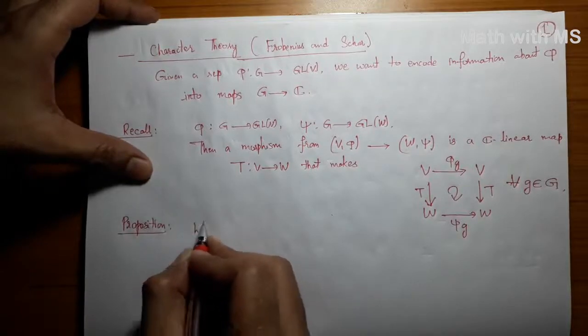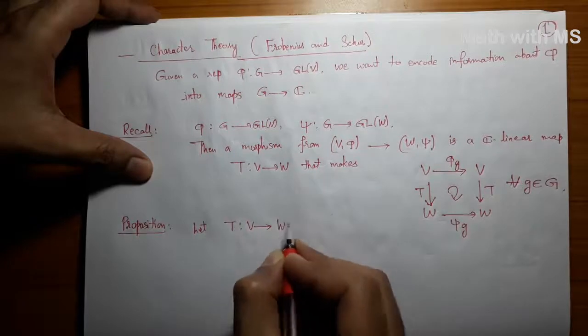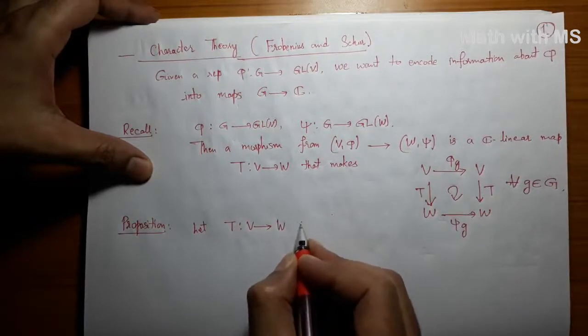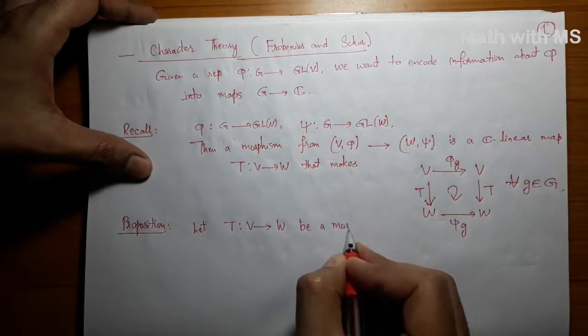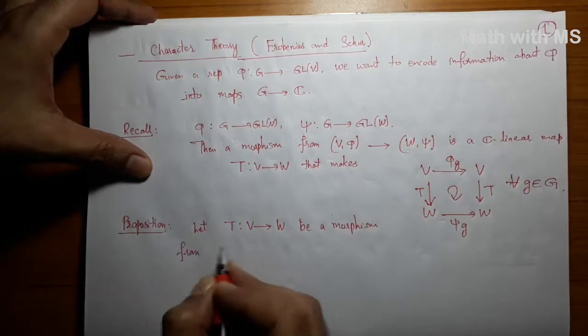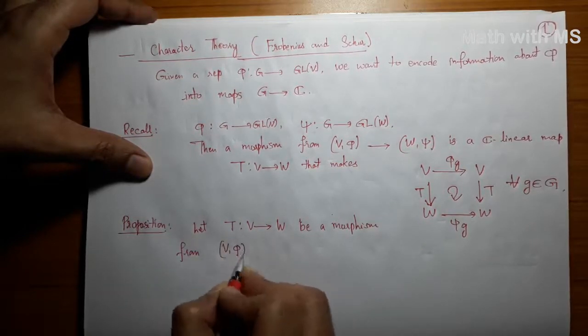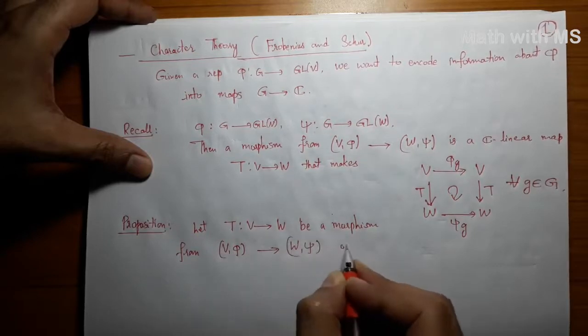Let T from V to W be a morphism from the representation (V, phi) to the representation (W, psi) of your group G.